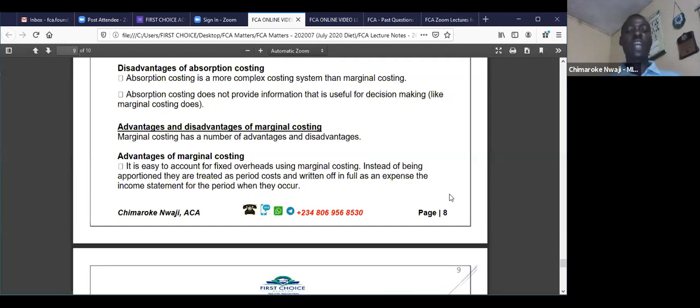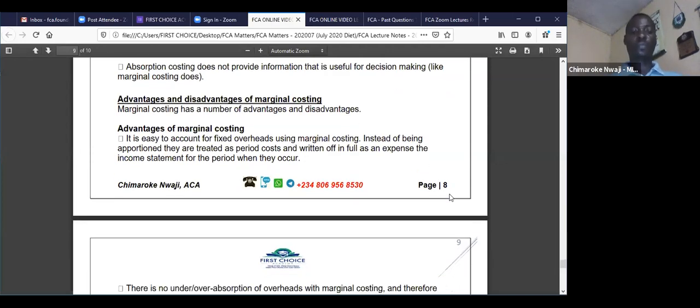So you cannot account for fixed cost easily, but in marginal costing, you account for it. So the advantages of marginal cost are disadvantages for absorption costing, and the disadvantages of absorption costing are advantages for marginal costing.